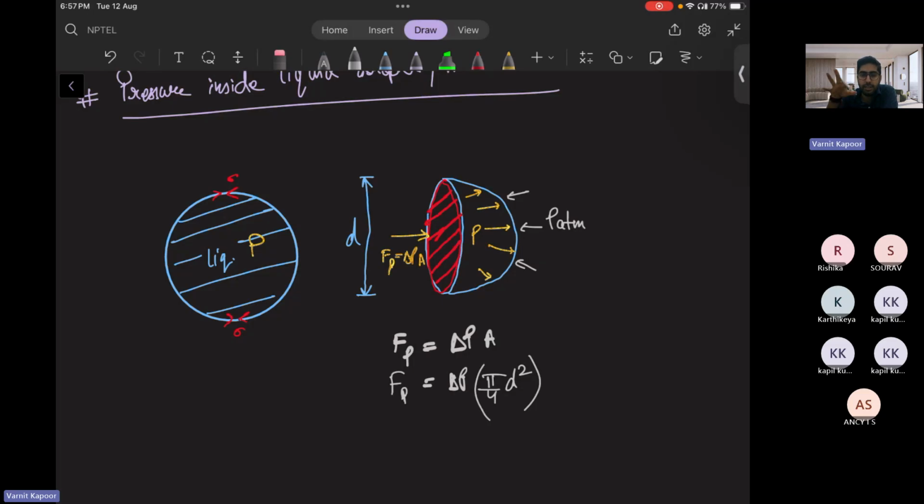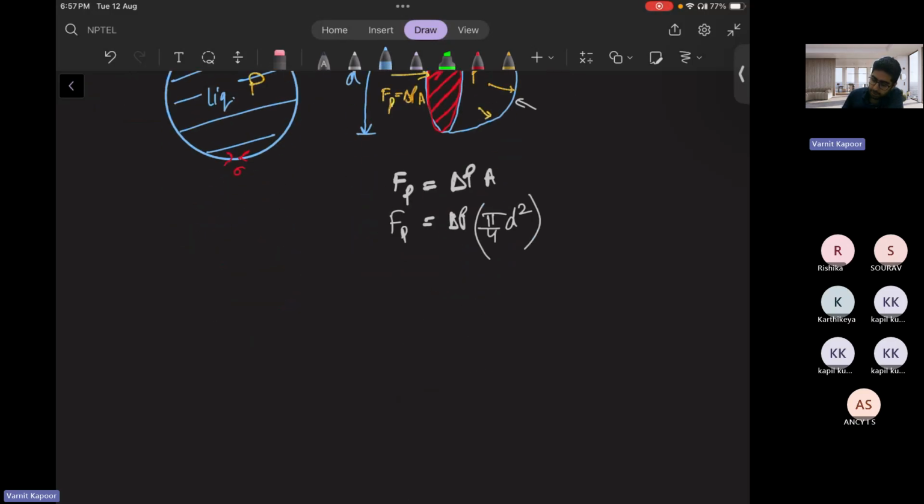If some pressure force is there, eventually there is also a surface tension force acting on the surface. So if I draw this drop again, there is surface tension force which is acting.